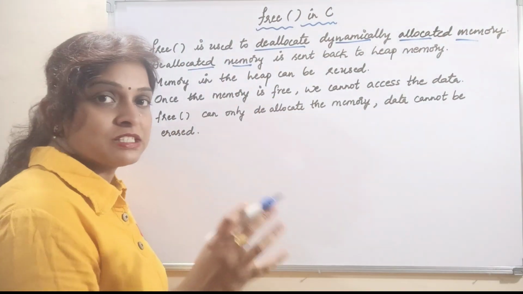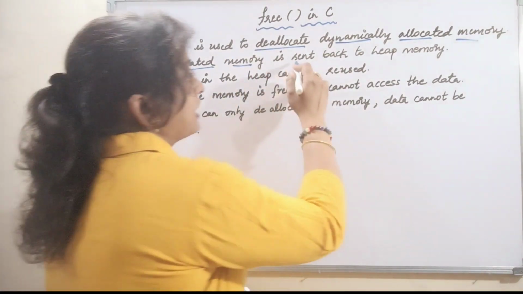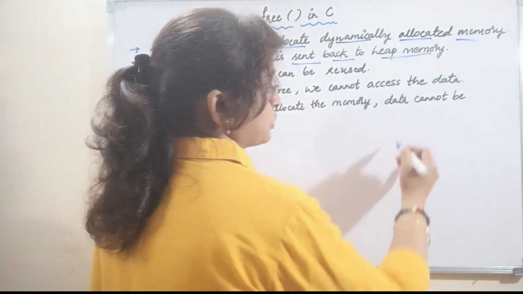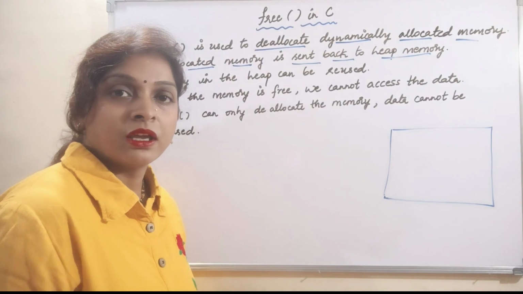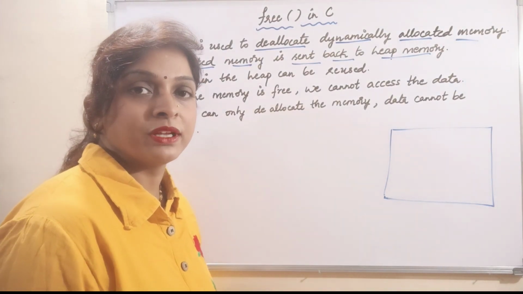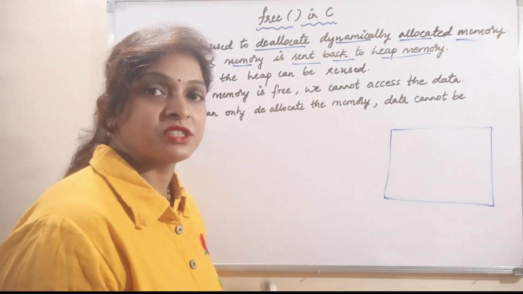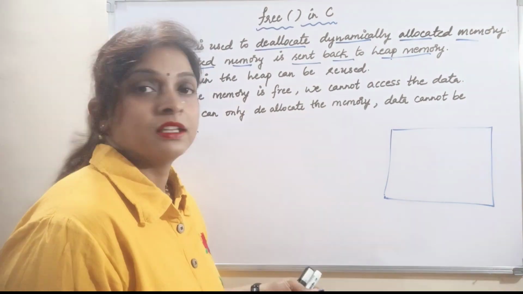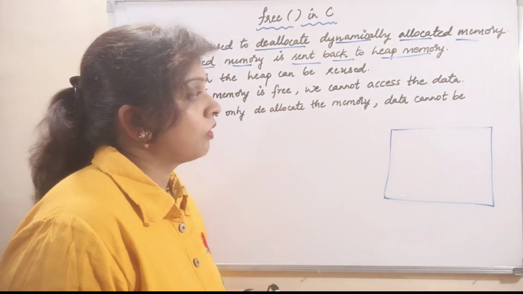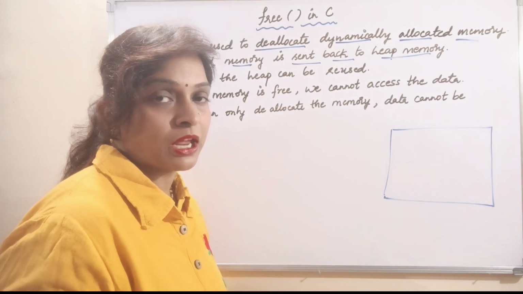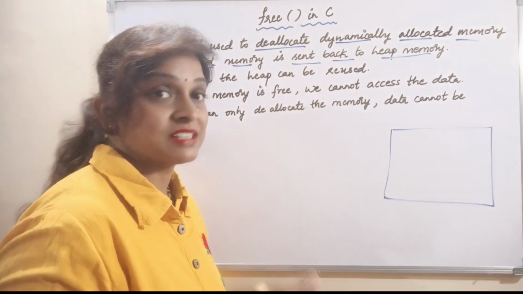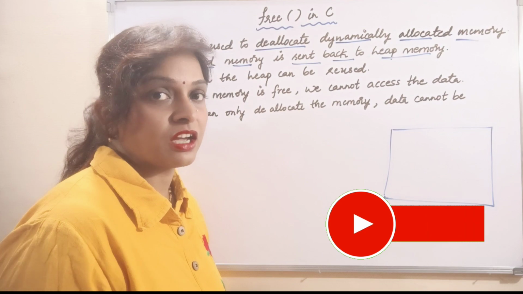Once the memory is deallocated, it is sent back to the heap memory. So you will have a collection of memory. We all know when we deal with a program, we have the stack frame and the heap frame. In the stack frame, all the static memory allocated data will be stored.